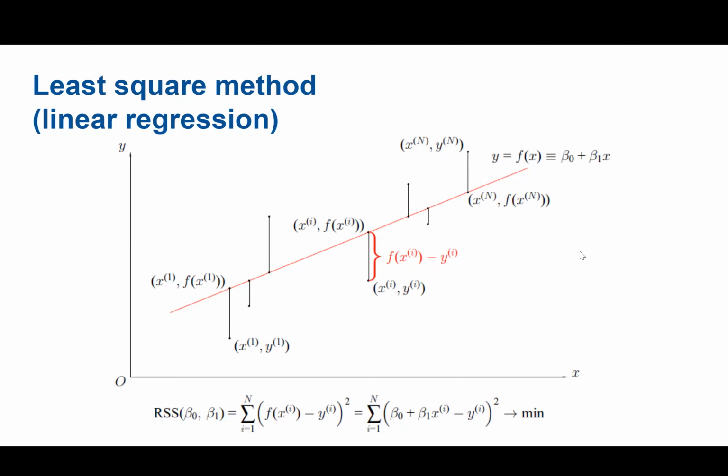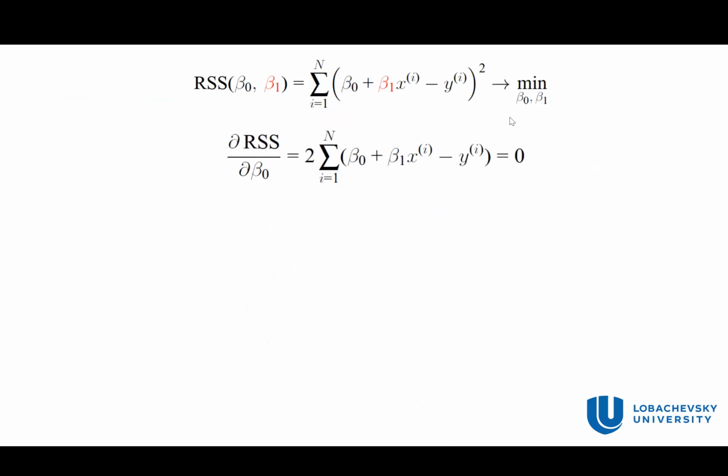Yes. So in our case, when we want to find the minimum for all b0, b1, we want to find the derivatives on b0 and on b1, and assign them to 0 here and to 0 here.